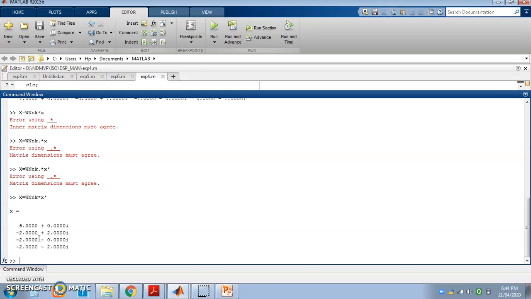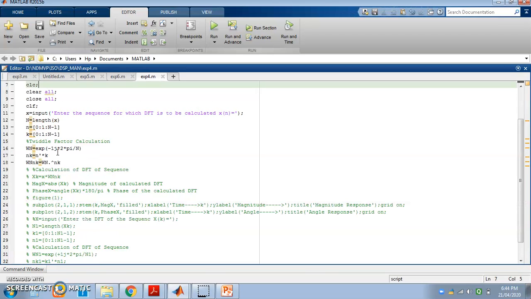So we are getting our solution, that is DFT equal to 6 plus 0j, that is 6, then minus 2 plus 2j, minus 2, then minus 2 minus 2j, that we have already observed in our PowerPoint display. So again I can come to the command window.